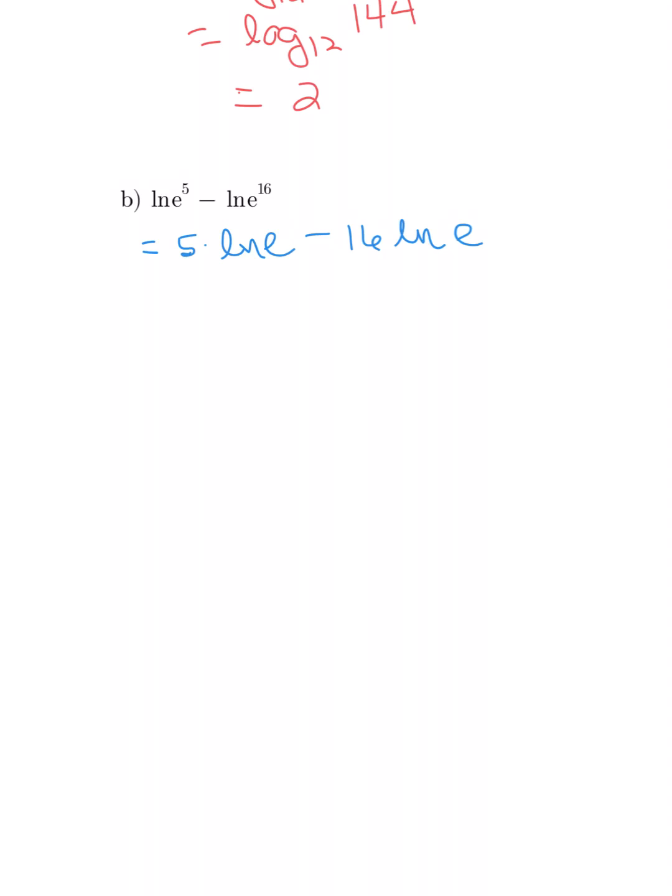Now we're going to use the property that says when your base and your argument are the same, that equals 1. So this equals 1. This equals 1. So we are left with 5 minus 16, which gives us negative 9.